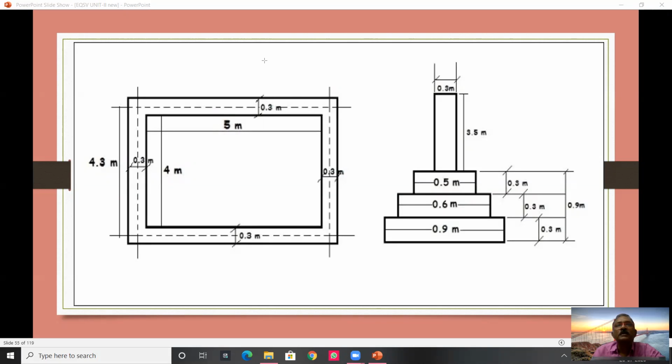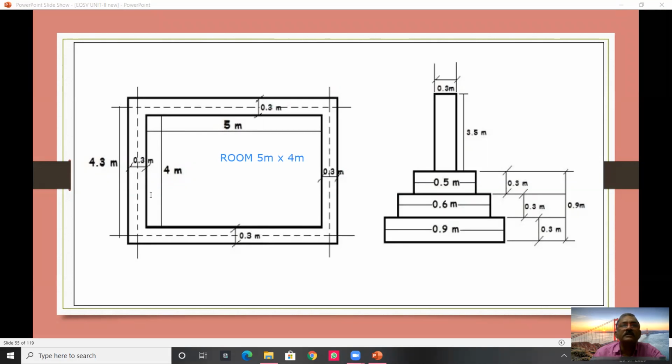Here, this is a room of size 5 meters by 4 meters. In this way, in the examination, they will give you the room size.